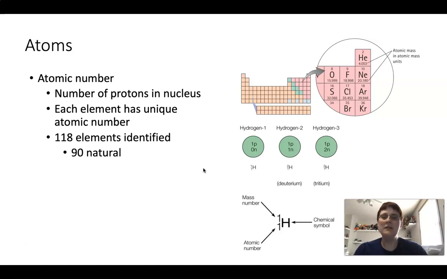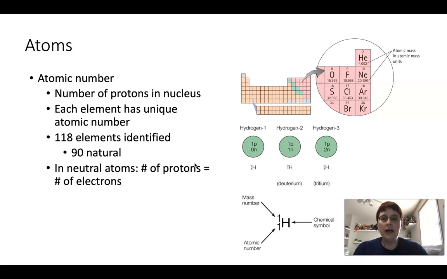The rest of those elements are man-made elements. So you can find 90 of them naturally. Some of them are more abundant than others. So some of those natural elements are rare. But the other elements out of that 118 are man-made and generally not in huge amounts.